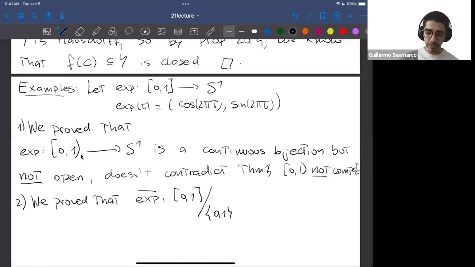This is the notation I used for the equivalence relation that only identifies 0 with 1. So we proved that the function descends to the quotient.